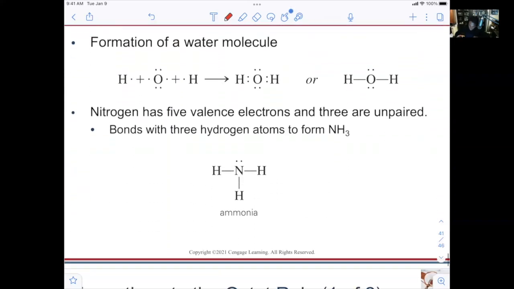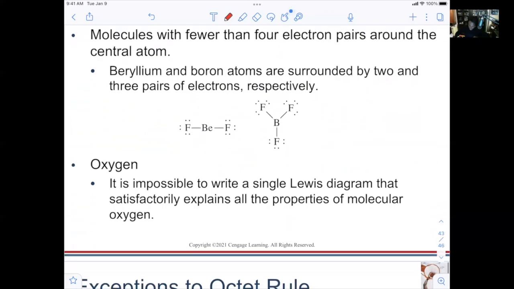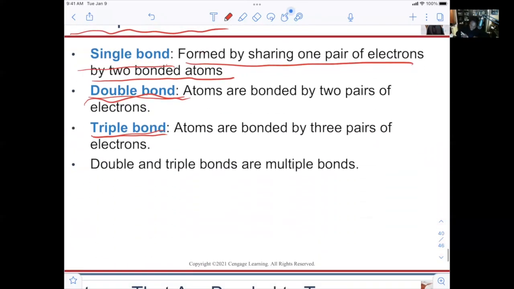So they should show us here how to make these multiple bonds. Oh, they do. Okay, great. Let me stick with bonds that form an octet.